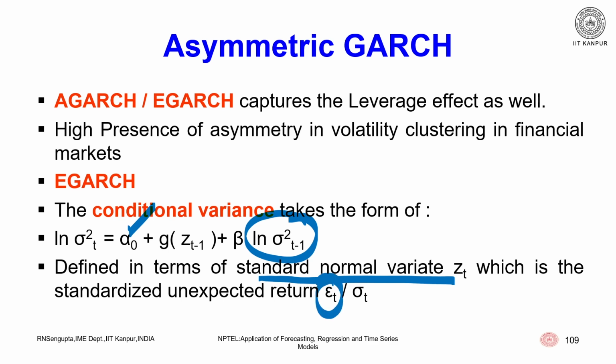If you remember, the epsilon t, or in many cases denoted by E, is the difference between the actual data and the real data with the suffix t based on which you are measuring. So, this is basically the concept of conditional variance taking the form for the EGARCH.